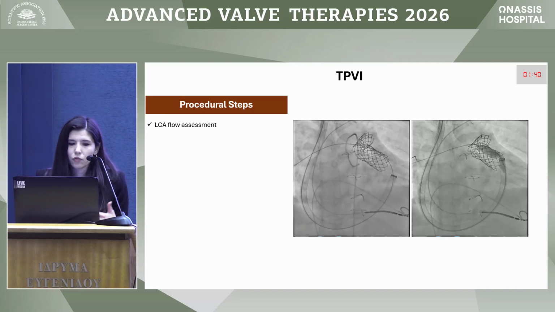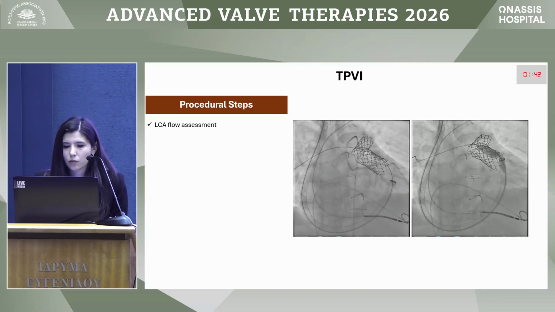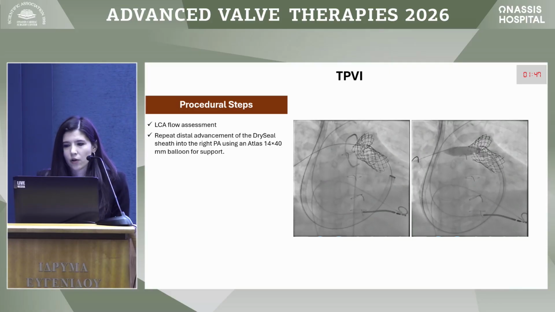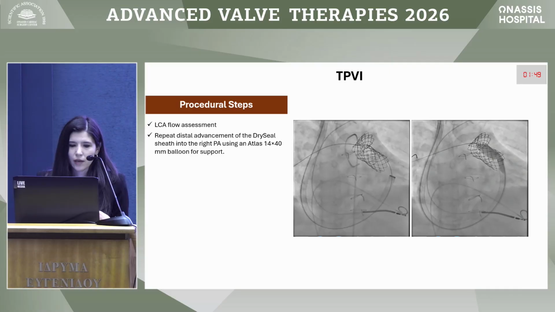After the stent expansion, we did an LCA flow assessment, and we see that it is okay. And again, with the same technique, with the use of the Atlas balloon, we repeat the distal advancement of the dry seal sheath.